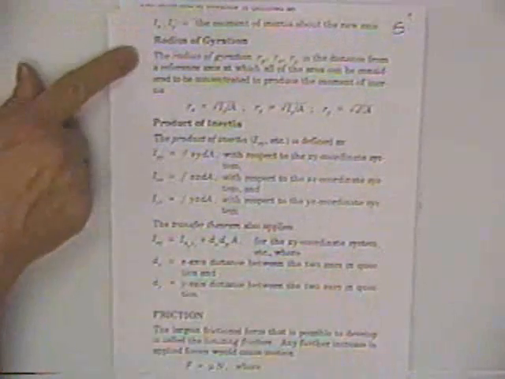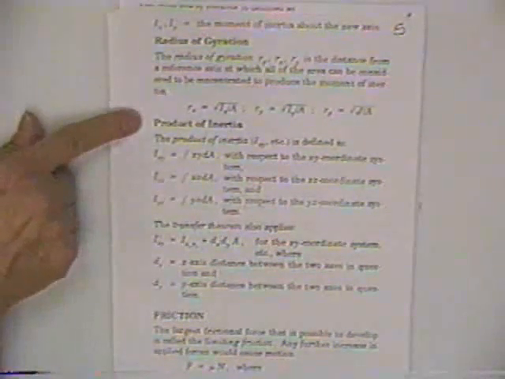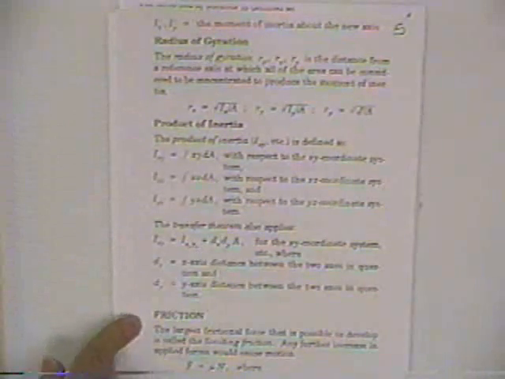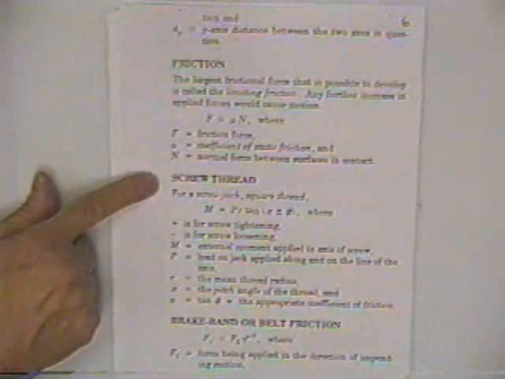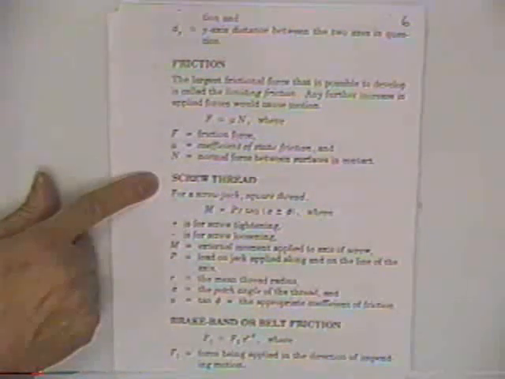They hint that they may indeed ask you information on how to find a radius of gyration used in column buckling work, how to find a product moment of inertia, back in some more traditional statics, friction. They got some things a little arcane, I would think, but if it's in this book, someone convinced these people that that was an important enough item to put in there, so we will cover it.